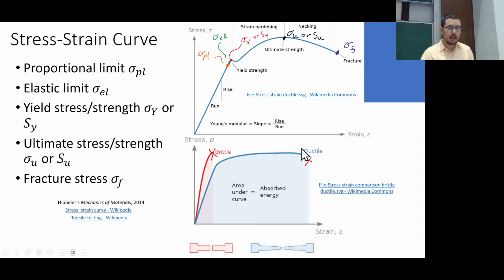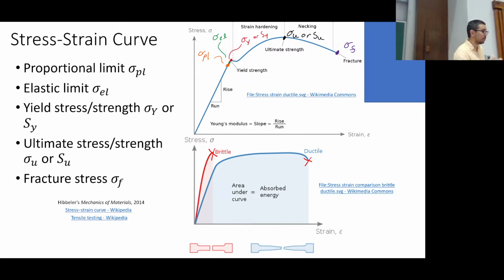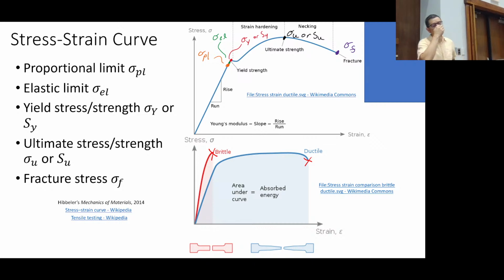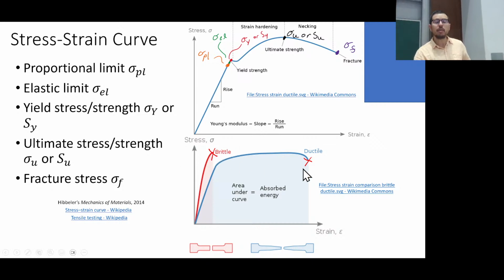Here are examples of what a stress-strain curve looks like for a brittle material and for a ductile material. A brittle material doesn't really play around in the plastic regime. It's done. It shatters, like glass, bang. That's where this X is that I drew in afterwards. Typically, once the curve ends, you've really hit failure.